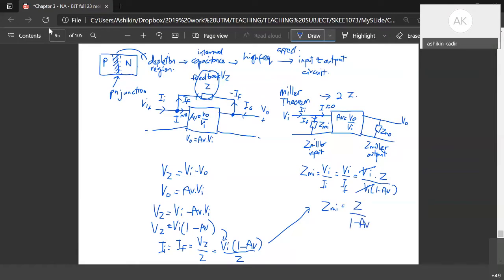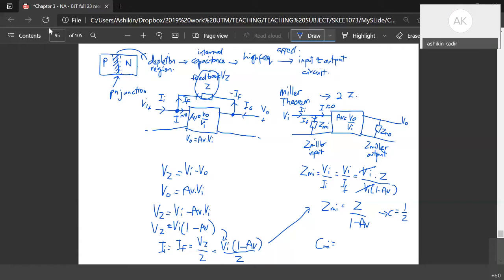So from here, if we want to determine the capacitance, C will be equal to 1 over Z. So we turn it, the upper part goes downward and the downward goes to the top.